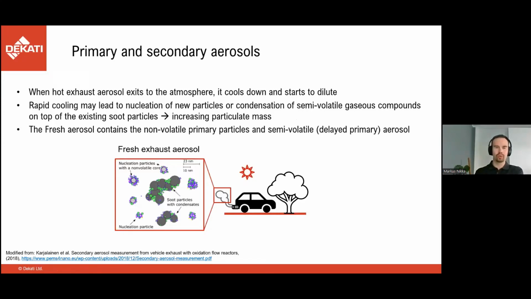So this so-called fresh aerosol, present 10 seconds to a few minutes after the emission, contains the non-volatile primary particles and these small semi-volatile additions, condensate or nucleation.